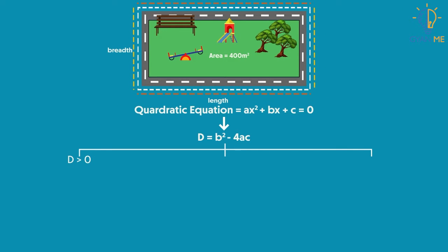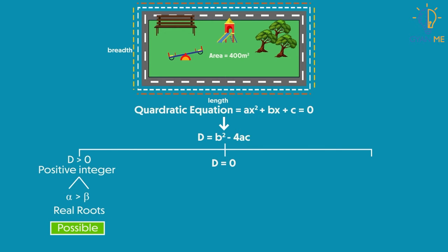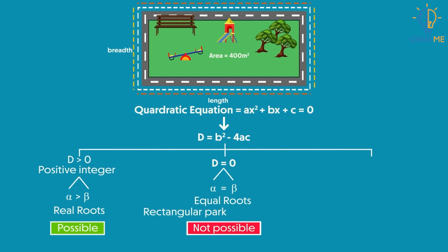In this case, if D solves to a positive integer, then it is possible to design such a rectangular park. If D is equal to 0, then the value of length and breadth will be the same, and so the park will no more be rectangular, it will be square.